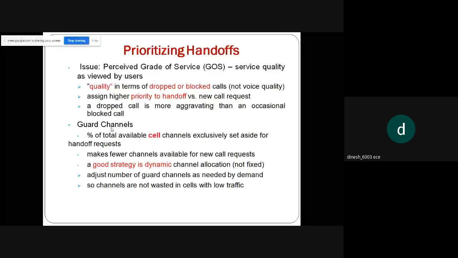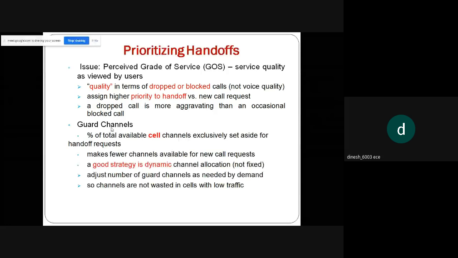So always the blocked calls or dropped calls have to be determined by the base station, and the base station has to decide whether to use a handoff procedure to assign a new channel to a user, or to go for an existing handoff strategy for the same user, depending upon the situation.